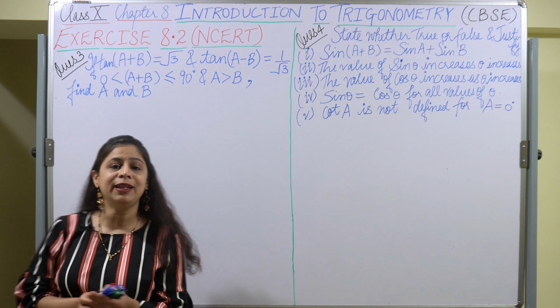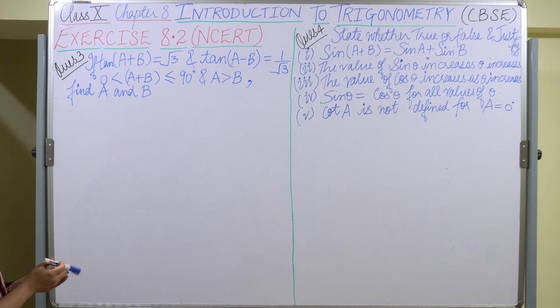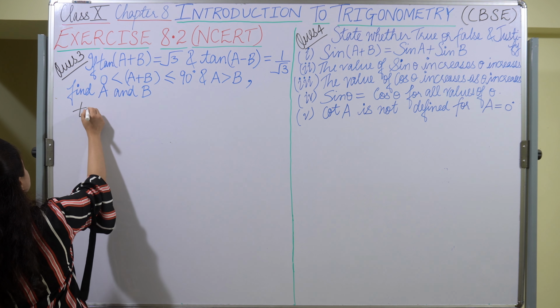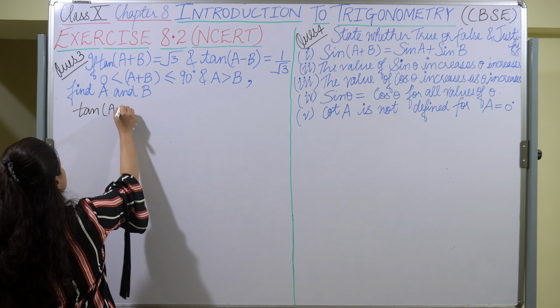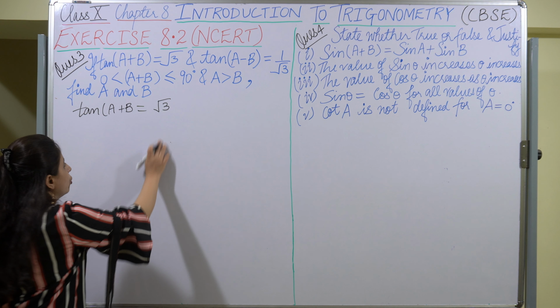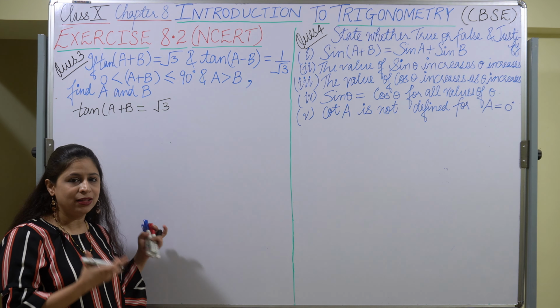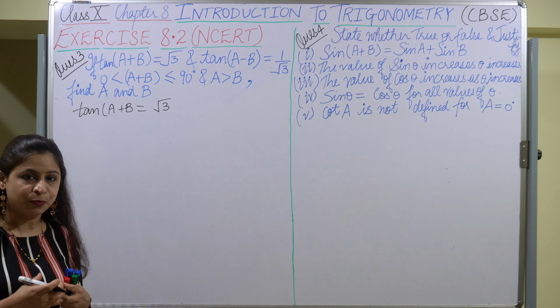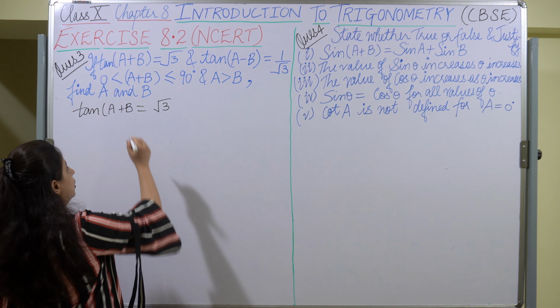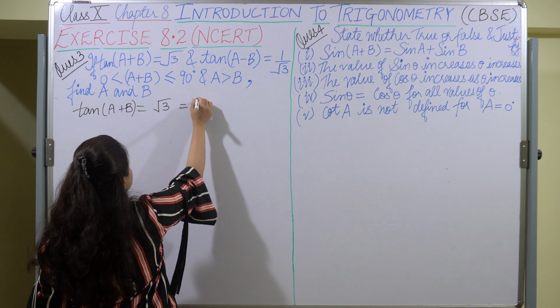So we have been given that tan(A + B) is equal to root 3. We have already seen the trigonometric ratios of some specific angles. Root 3 is the value of tan 60.